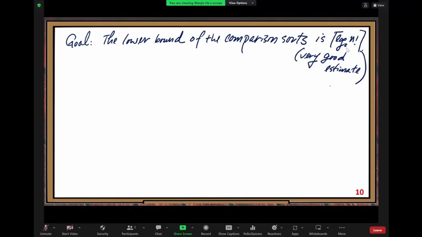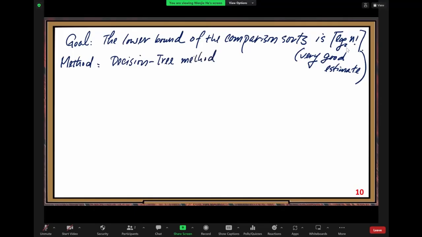Because the method is quite useful. The method we apply here is an interesting, useful analysis approximation method called the decision tree method. Let me explain this method here.